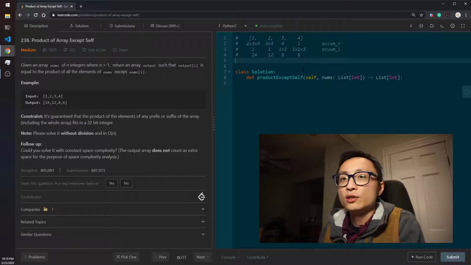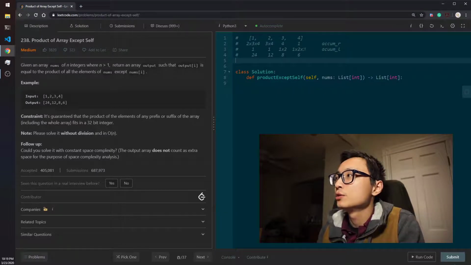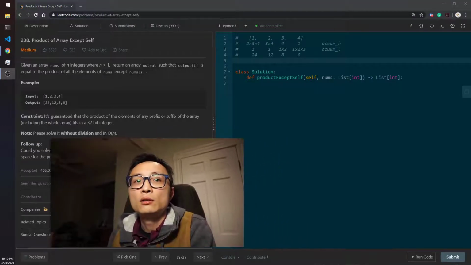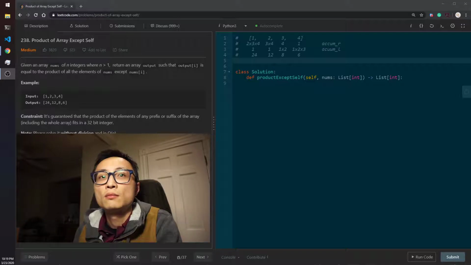So that's pretty much the solution. All we need is 2 accumulators, and we're doing 2 passes. That's linear, so it satisfies the time complexity as well. So let me code up the solution.